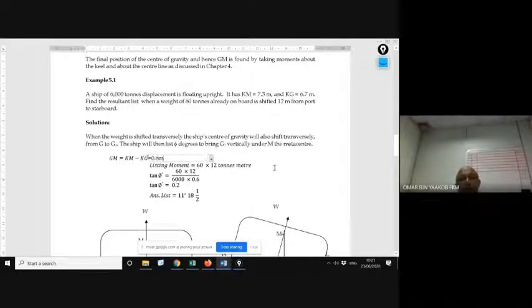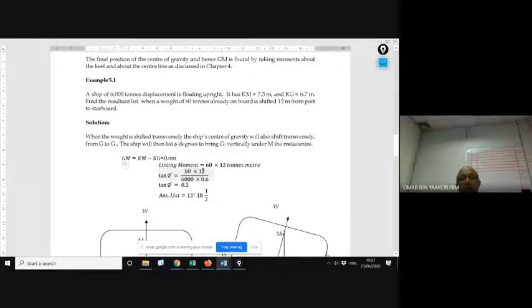So GM is KM minus KG. It's given here, 0.6 meter.